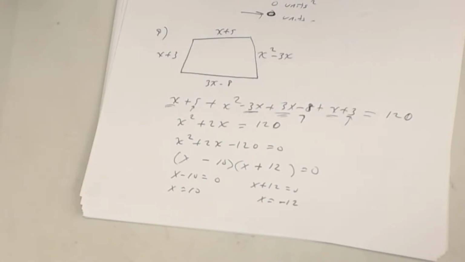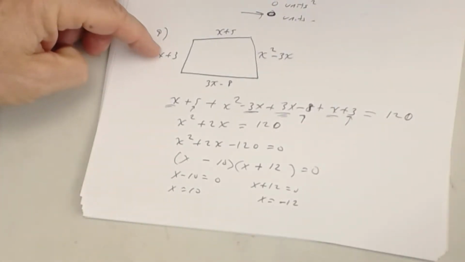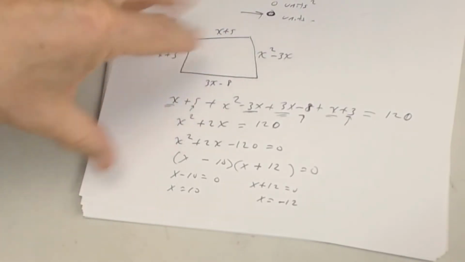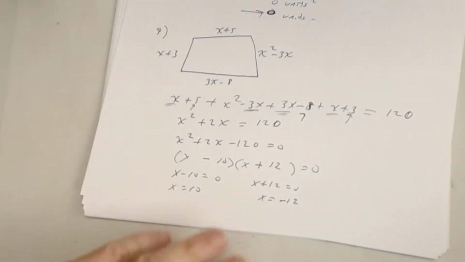Positive. So if I plug in negative 12 for x, what's negative 12 plus 3? Negative 9. So you know that's not going to work. Your side length cannot be negative. So in terms of the context, can I use negative 12 for x? No, I cannot use negative 12 for x.